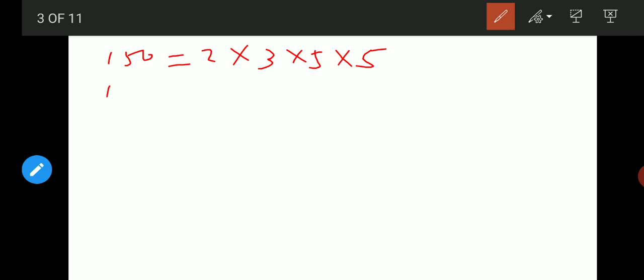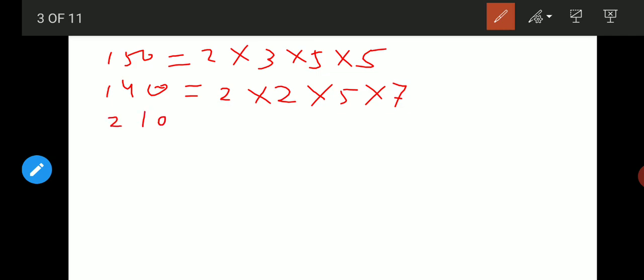And what about 140? It is 2 into 2 into 5 into 7. Now come to the 210. It is 2 into 3 into 5 into 7.